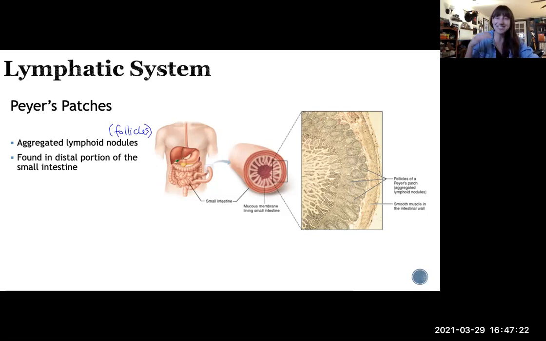Okay, so it's found in the distal portion of the small intestine, so that would be the portion that is farther away from the stomach, right? So towards the end of the small intestine, you've got these Peyer's patches.